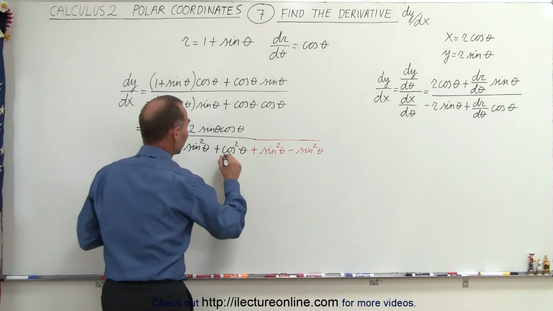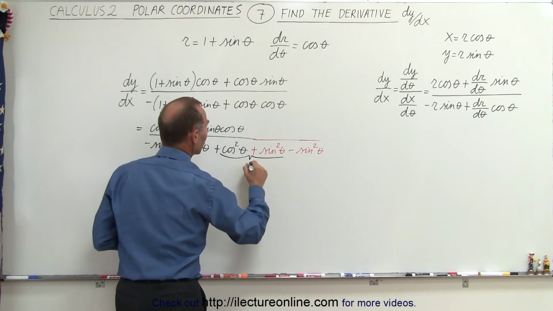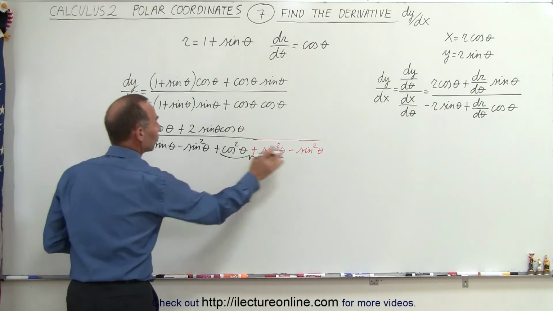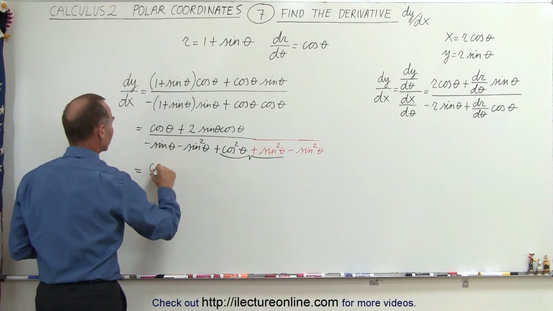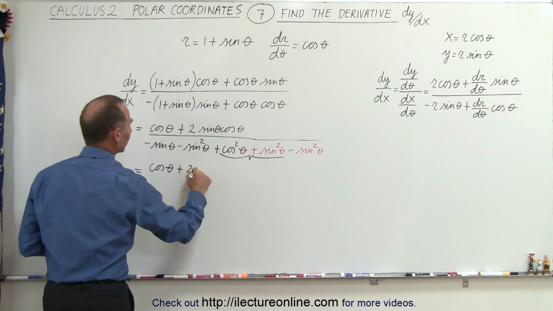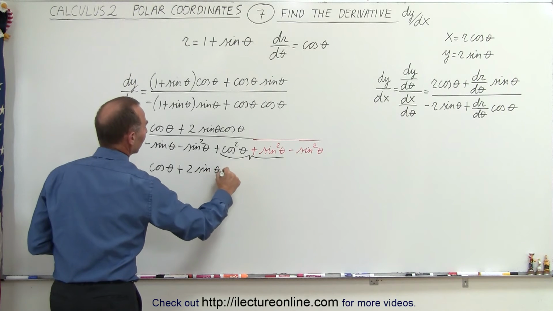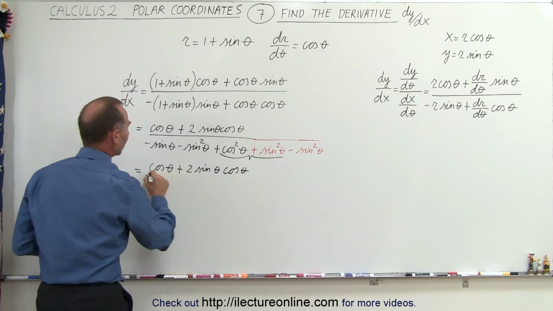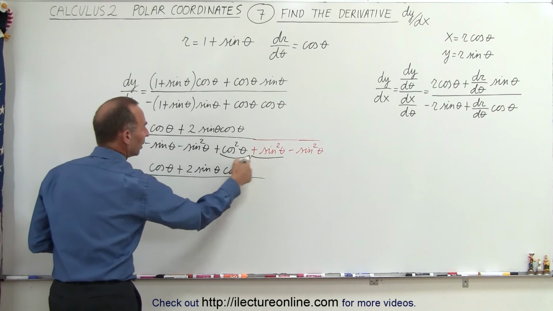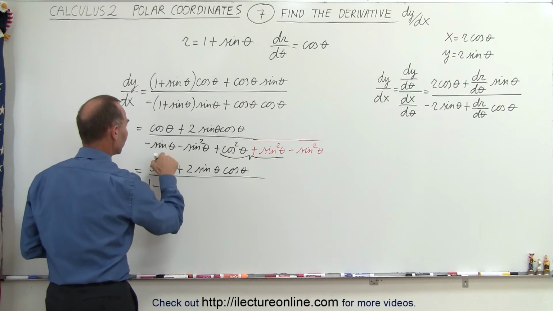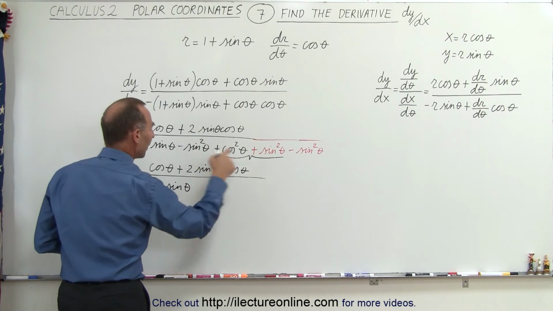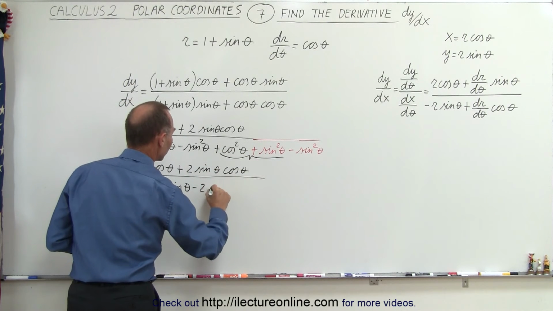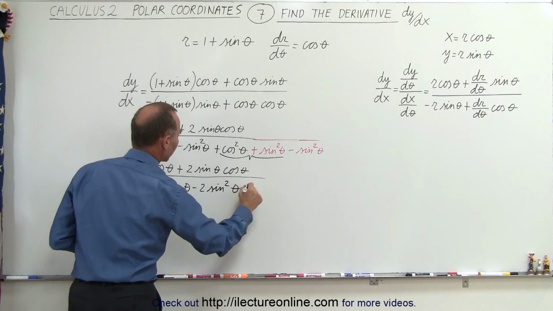Because then this here can be equal to 1, and then we can just simply add these two together. So we end up with, in the numerator, the cosine of theta plus 2 times the sine of theta times the cosine of theta, and in the denominator we end up with a 1 minus the sine of theta, and then minus 2 times the sine square of theta.